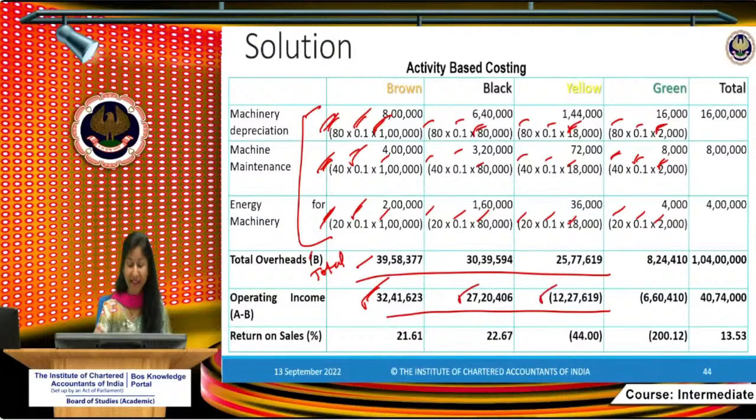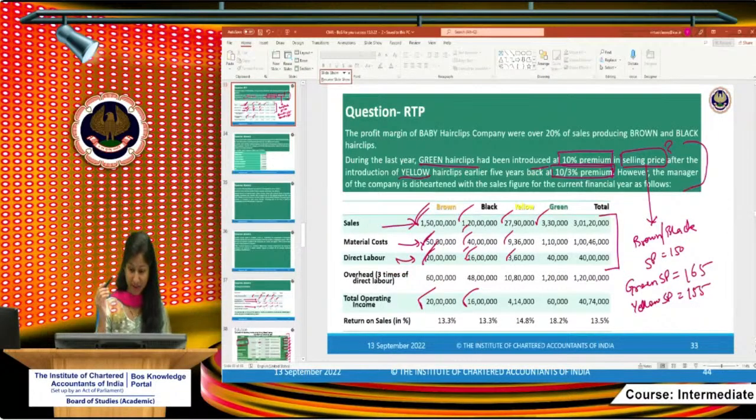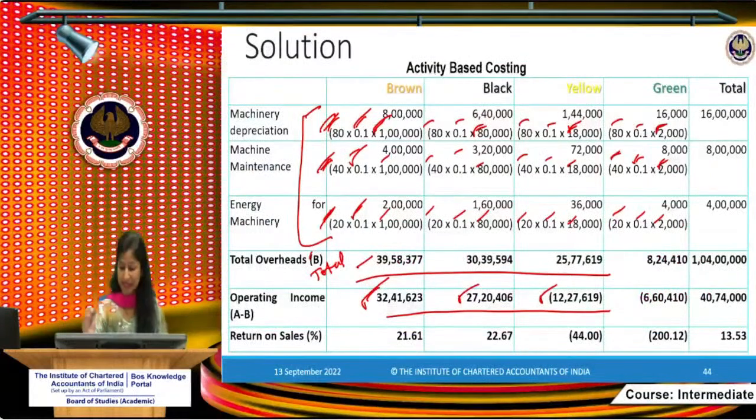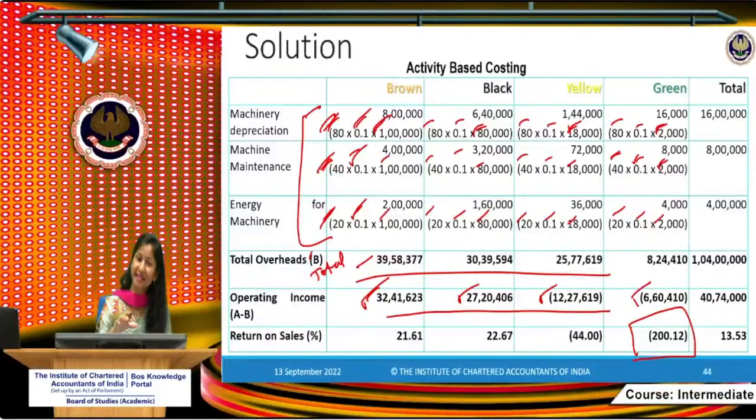Yellow is having an actual loss of 12 lakh, which was having profit in the traditional format. Green was having profit of 60,000 in the traditional format, but in ABC it is having 6,60,000 loss. And if we consider the percentage of return, green is having maximum loss of return, which is 200%, which was the highest return in traditional.